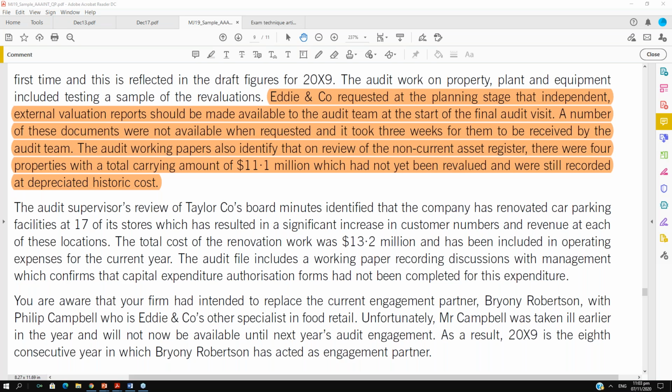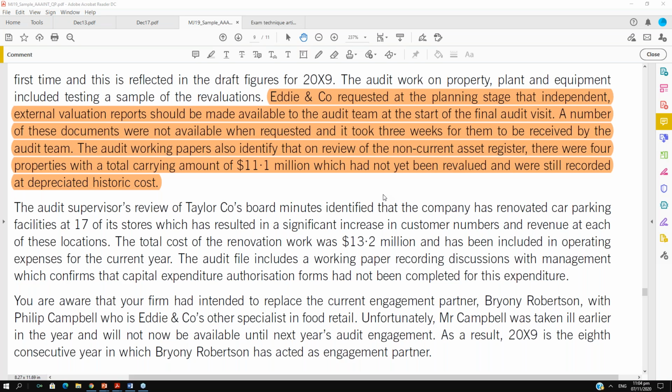Okay. So Eddy and Company requested at the planning stage that the independent external valuer report should be made available to the audit team at the start of the final audit. All these documents were not available when requested, and it took 3 weeks for them to be received. So is that the first issue you will be telling to those charged with governance, that the documents were delayed?